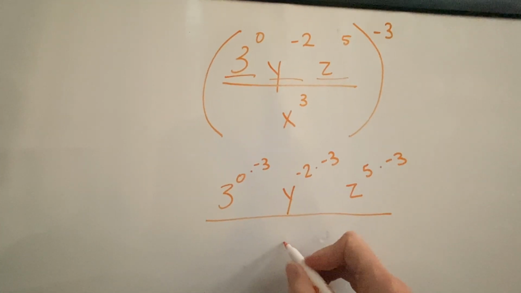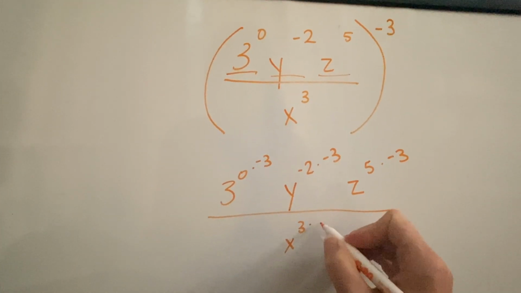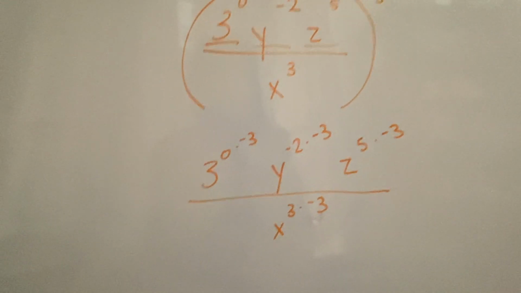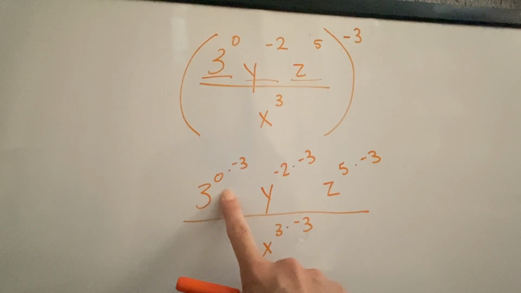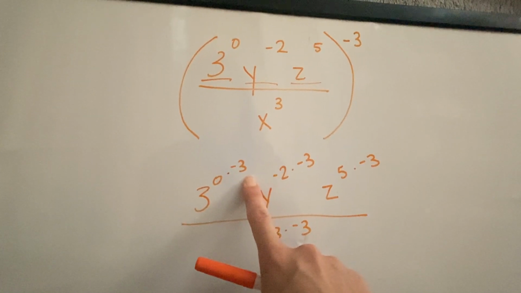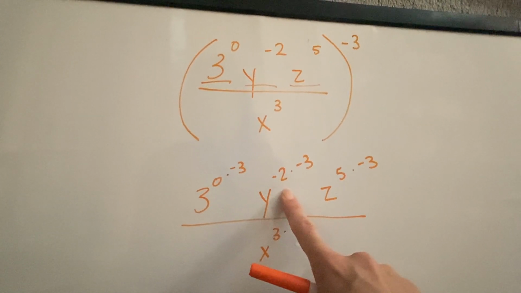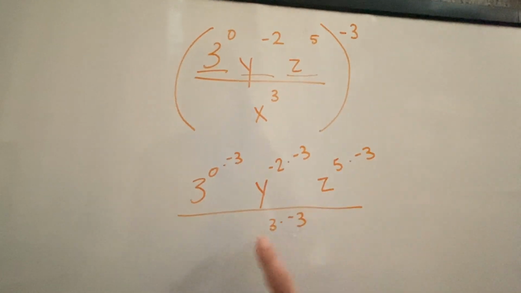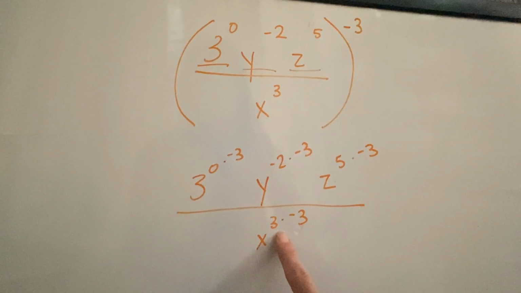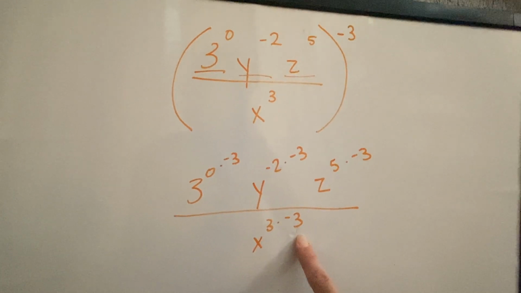And then we've got x cubed times negative 3. Okay, are we with me so far? So I took 3 to the 0, raised it to the negative 3 power, y to the negative 2, raised it to the negative 3 power, z to the 5th, raised to the negative 3 power, and x cubed raised to the negative 3 power.